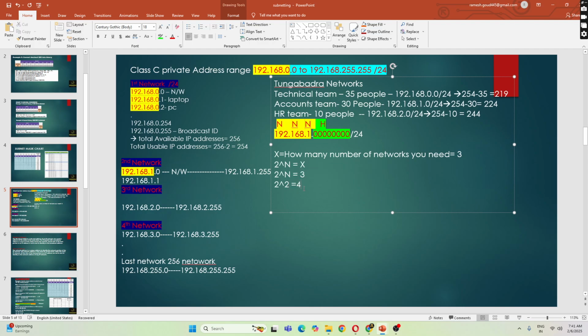Now what is the n value? n equal to 2. It is a simple mathematical calculation. Here n means the number of borrowing host bits.